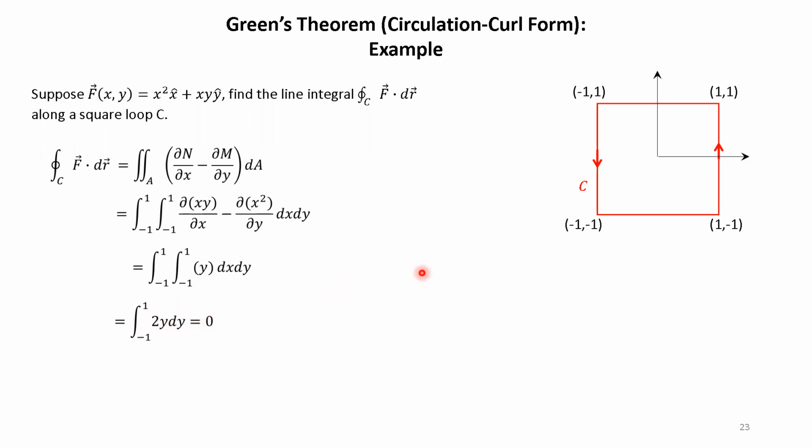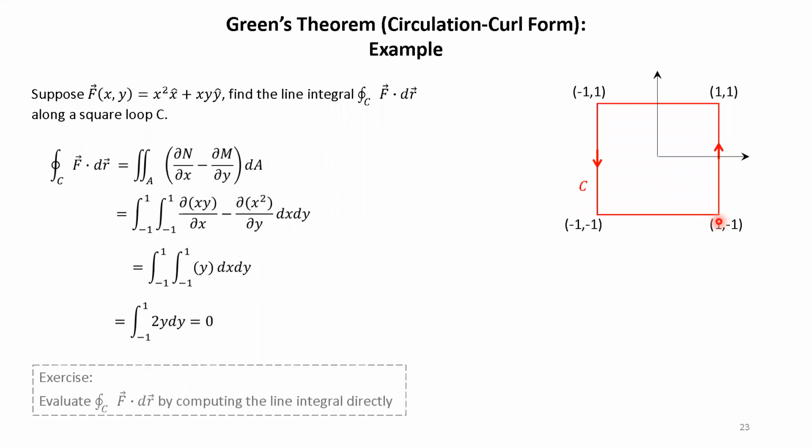So that tells you that the line integral around this closed loop is 0. And you can try to verify this by actually computing the line integral for this four-sided path.